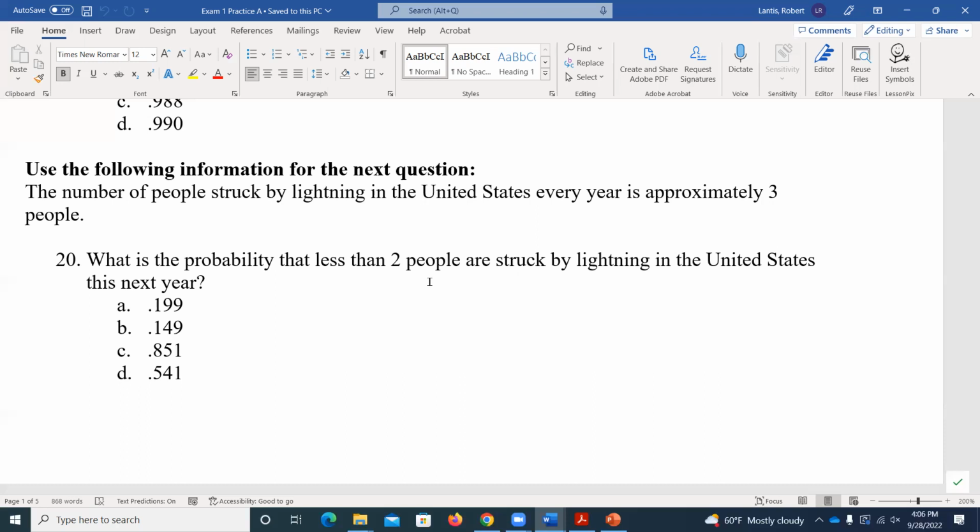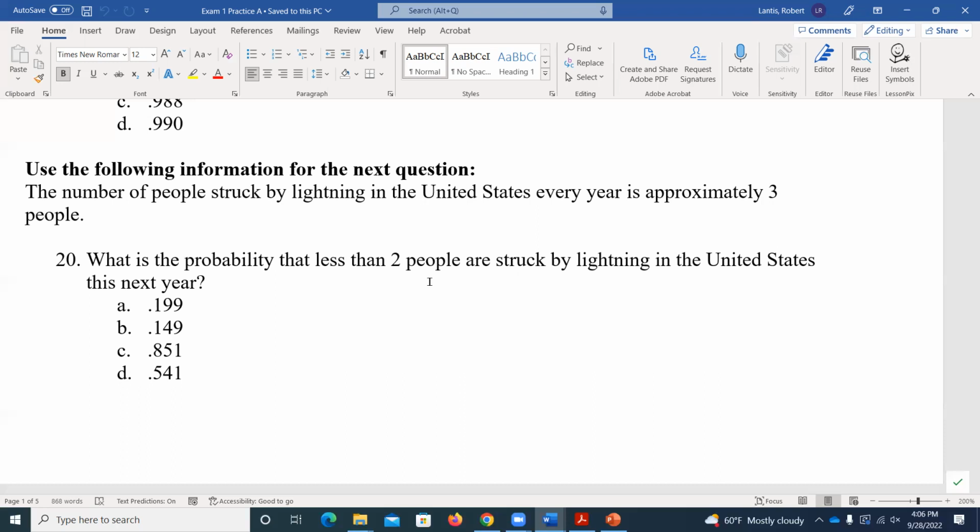So there's two things that both, well, so there's one thing that applies to both the binomial and the Poisson, and then one that applies to the Poisson specifically you can see. So maybe instead, I ask for what's the probability that I see 5 people struck by lightning in the next 2 years. It's not that much more complicated. All we have to do is first convert our average rate to the new time interval we're interested in.